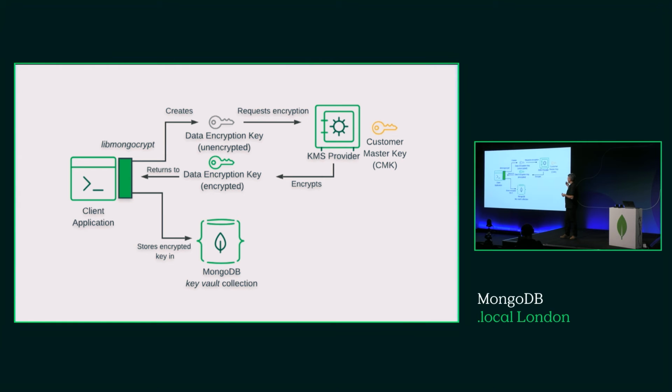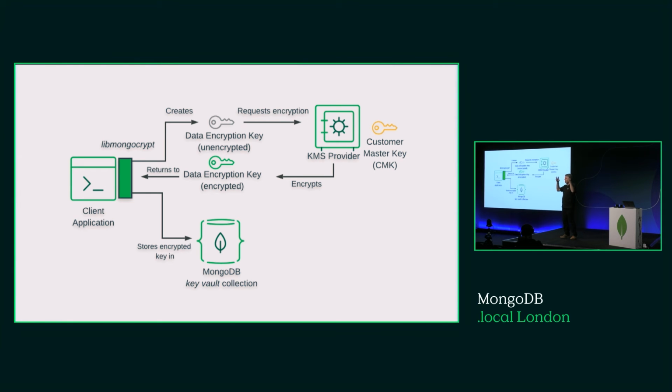MongoDB uses the concept of a key vault to store the encrypted data key. Again, there's multiple strategies to store the data key. It might be in the same document as the one where the encrypted field is, or in the same collection, in the same database. Here it's a different collection in the same database, but you can have different strategy. You can use a different database, for example.